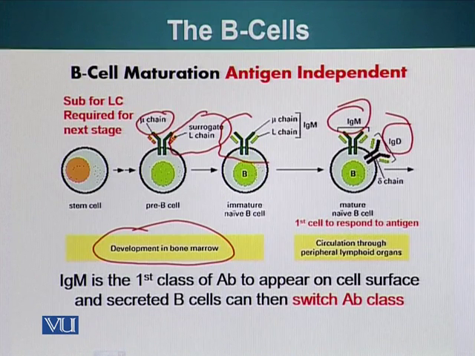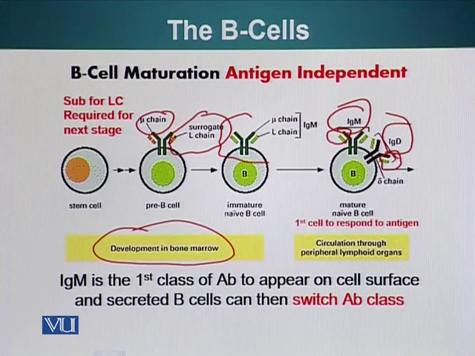A B cell can only produce an antibody with a single antigen binding specificity. An antibody has 2 antigen binding sites, but that is constant. If this B cell now decides to produce a different type of antibody, it will still have the same antigenic specificity in these antigen binding sites.